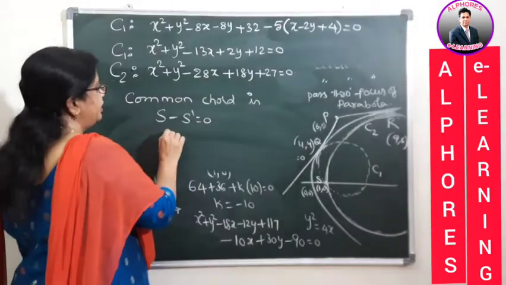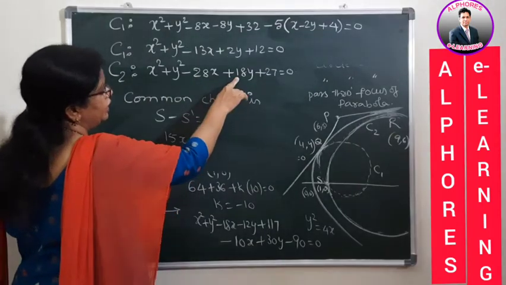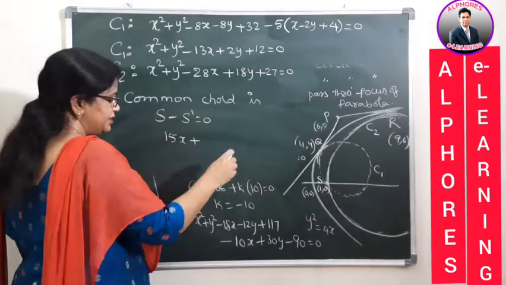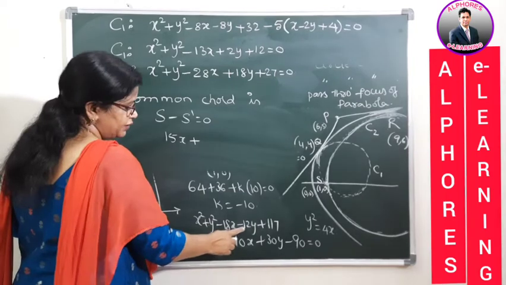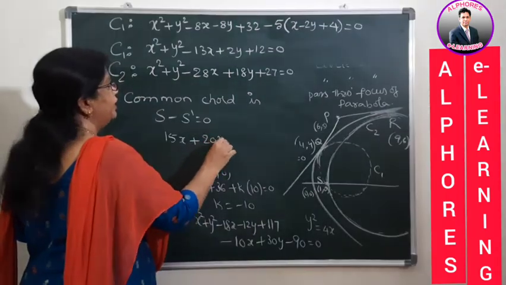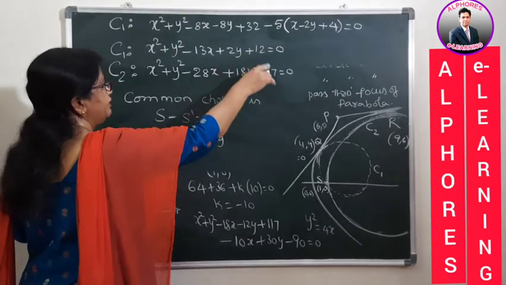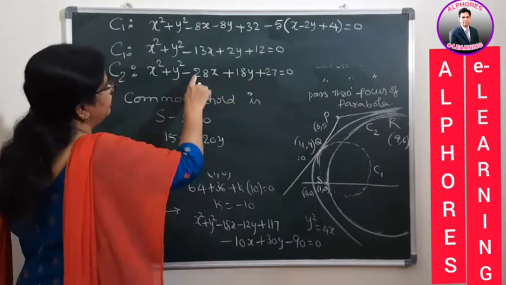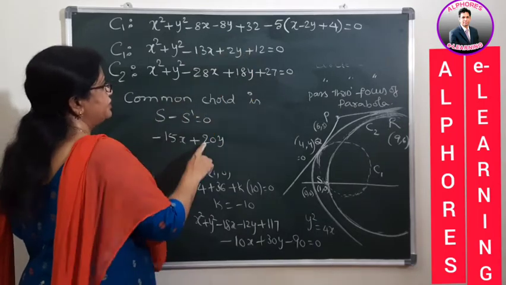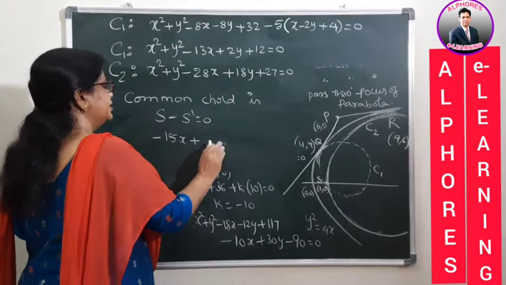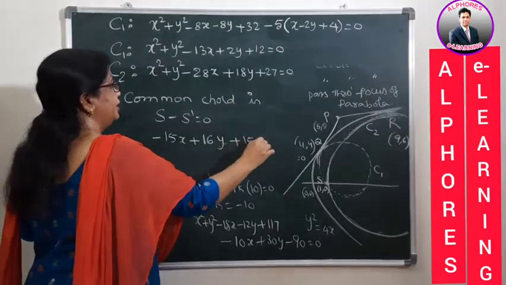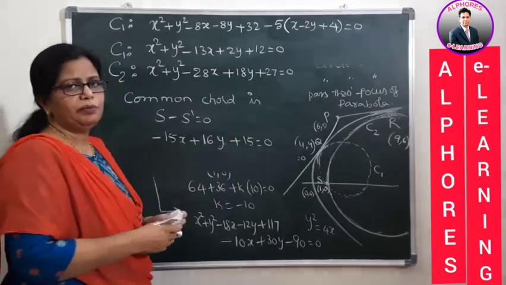So it is 15x, and next here 18 minus 2, that is plus 16y. And after that 27 minus 12 means 15 equal to 0. So it is minus 15x plus 16y plus 15 equal to 0. So this is the common chord.